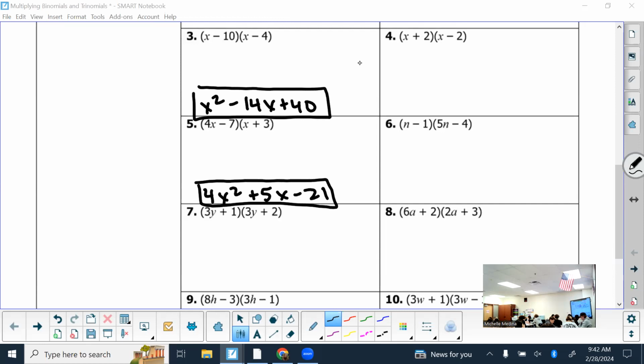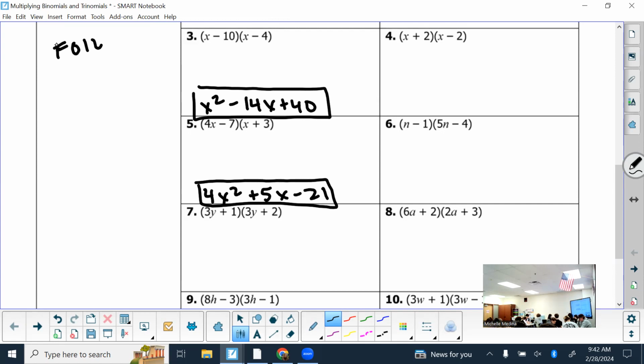All right, so whatever method you chose, you would have had these as final answers for 3 and 5, but I will explain both. And I'll show you number 3 using the FOIL method because I haven't done that yet today. So FOIL stands for first, outer, inner, last. That's the order that we're multiplying them.